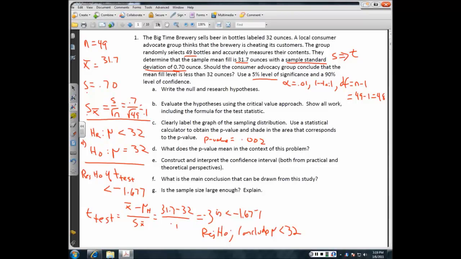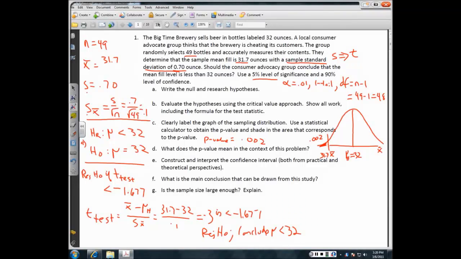To draw the sampling distribution of that, it's going to be really similar to what we had previously. H0 was that we had 32 here. We actually found the sample mean of 31.7. And this area out here is the p-value, 0.002. The reason it's down here is because we have a one-tailed lower.